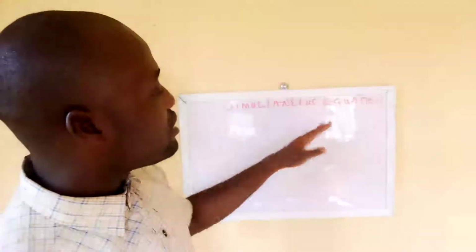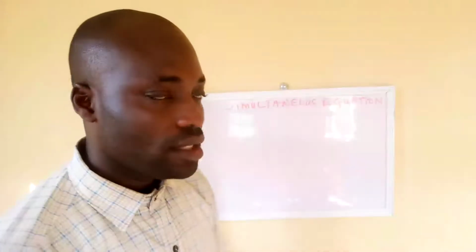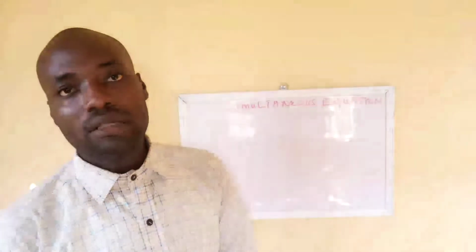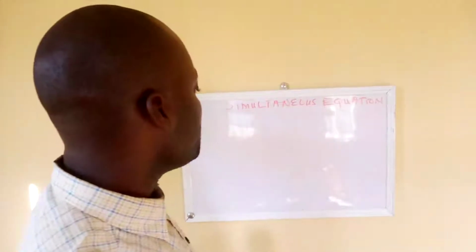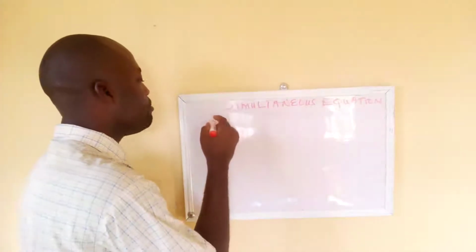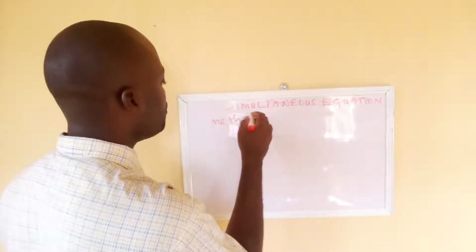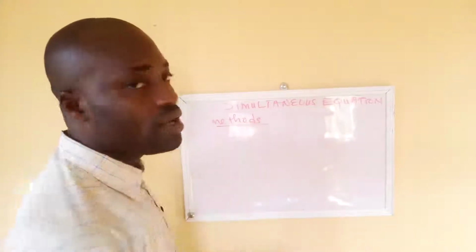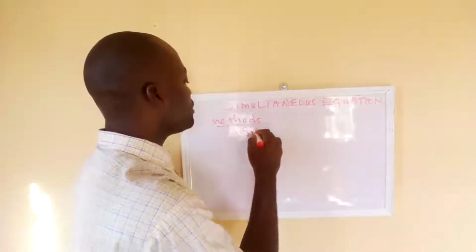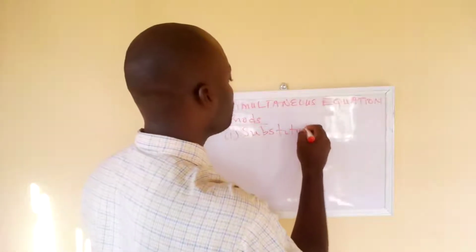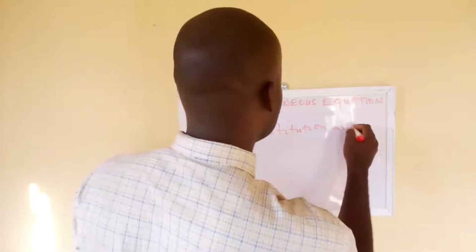And in the last class, I said an equation is an algebraic expression that has to be proven to be correct. So under simultaneous, we can also look at the different methods that can be used to solve simultaneous equation. Method one is the substitution method.